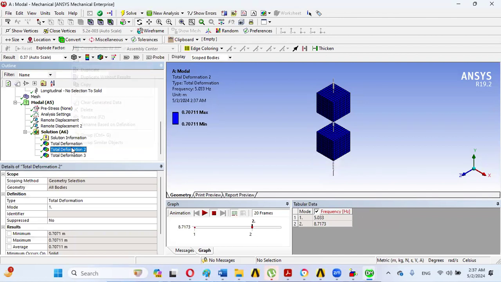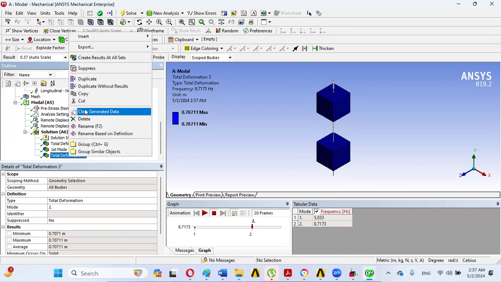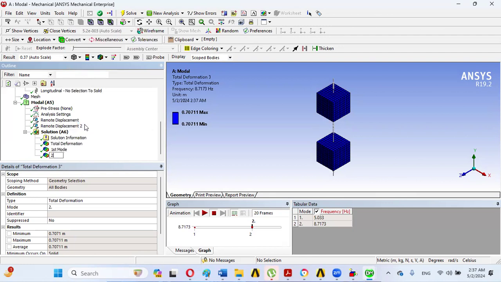So we can rename them to be, for example, this is first mode and this is actually the second mode.